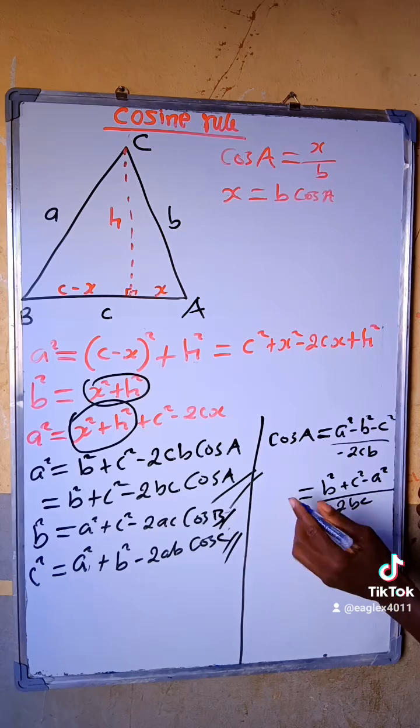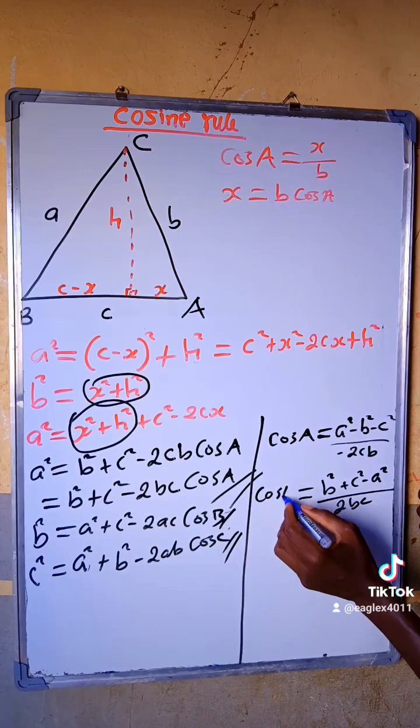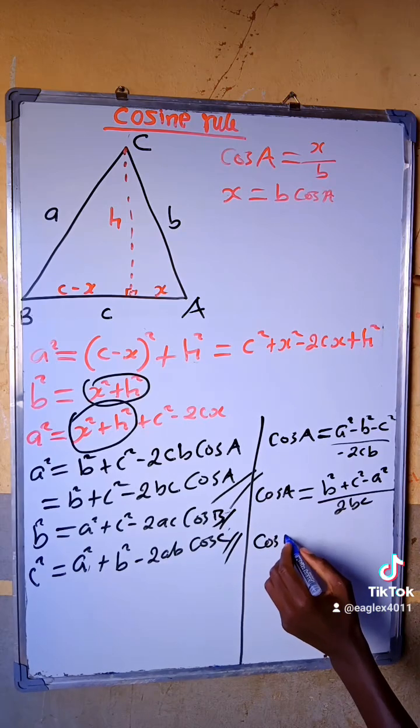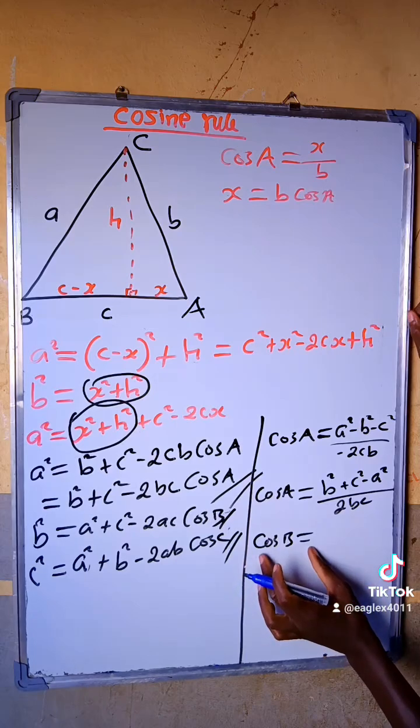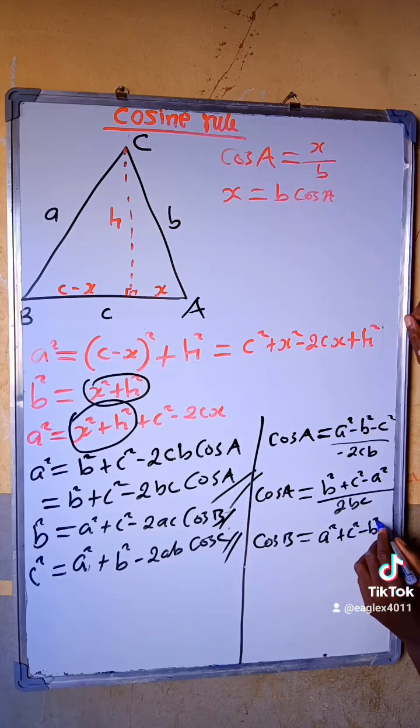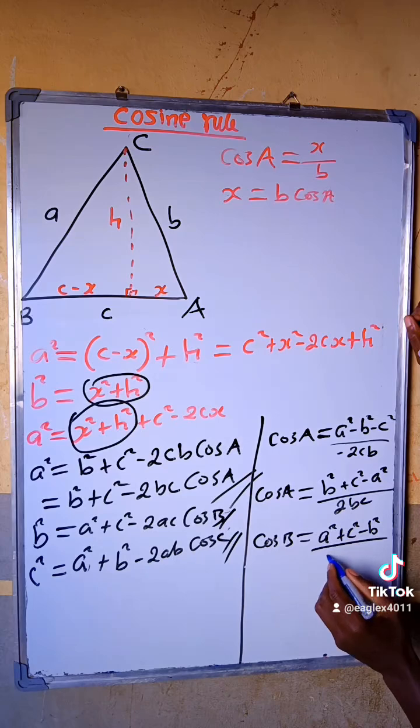And this is going to be the value of our cos A. Also for cos B, we have a square plus c square minus b square all over 2ac.